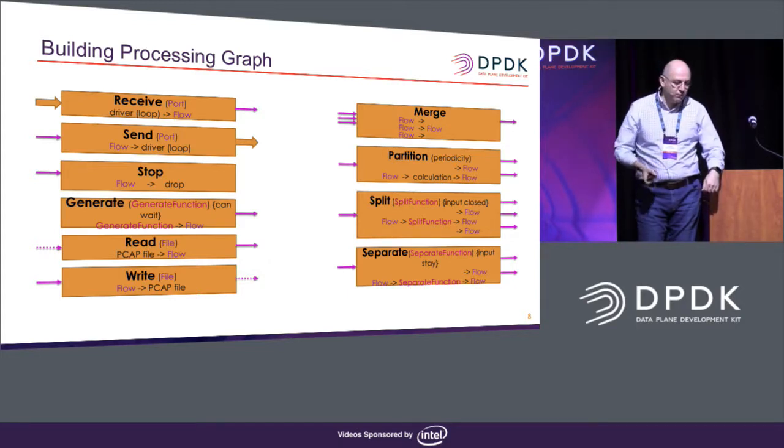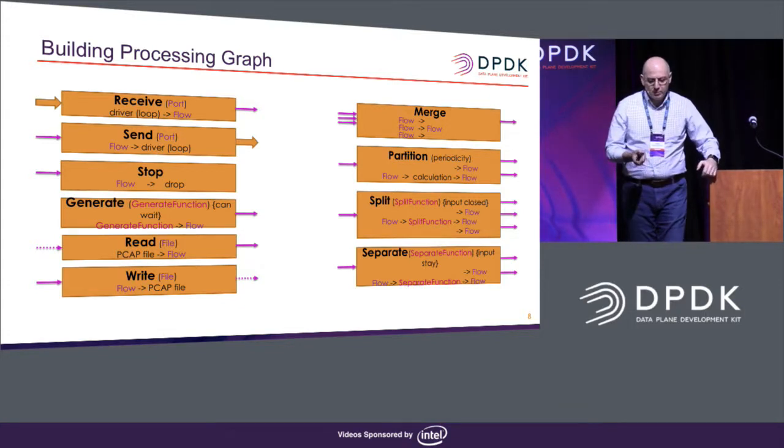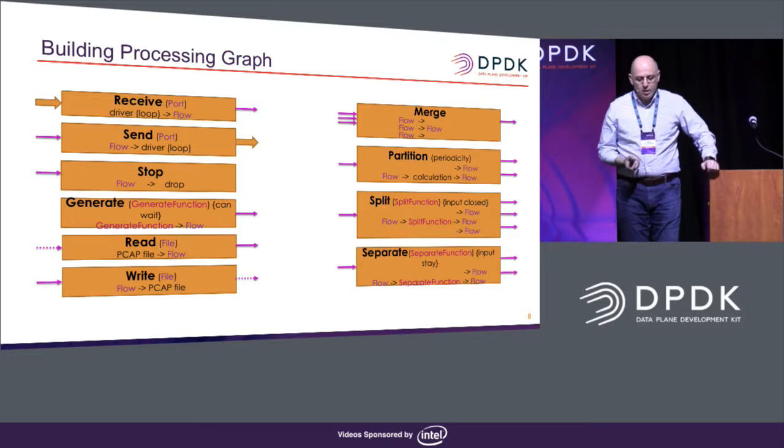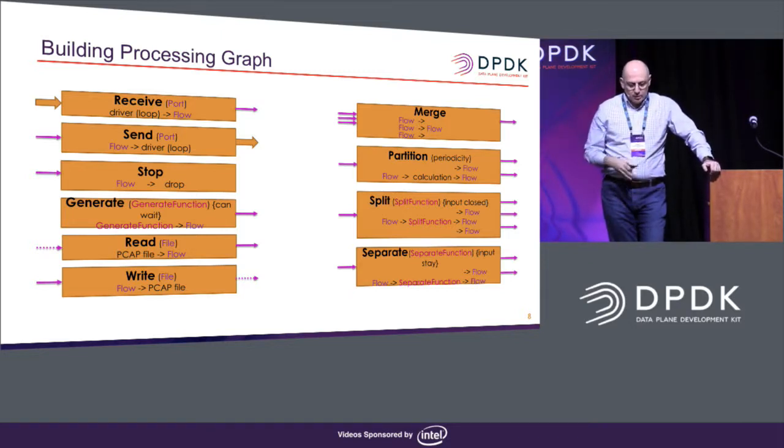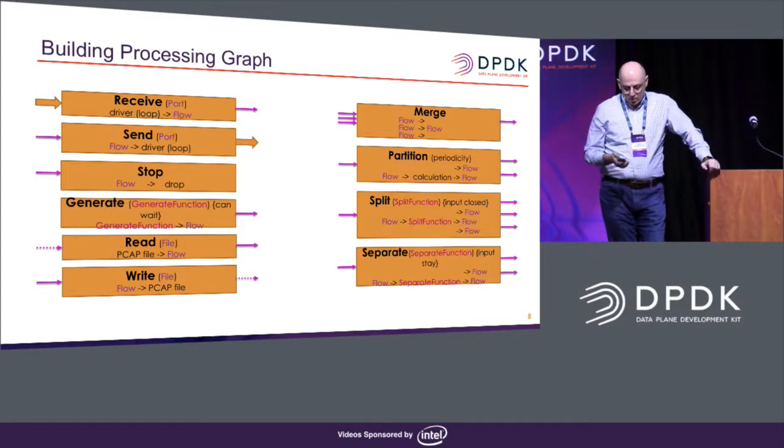It's mainly created for metering purposes. It allows you to get a flow of packets from the incoming flow without terminating the original flow. And partition is also for debug purposes. You can periodically examine several packets from your incoming flow.